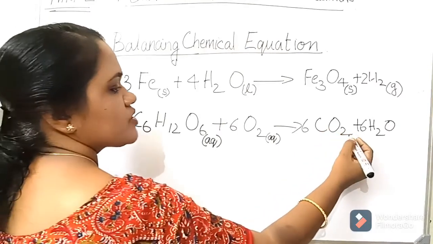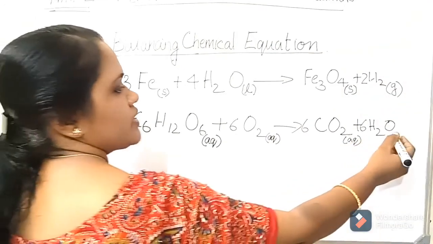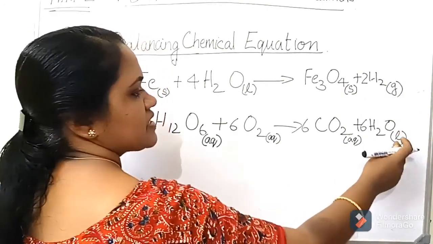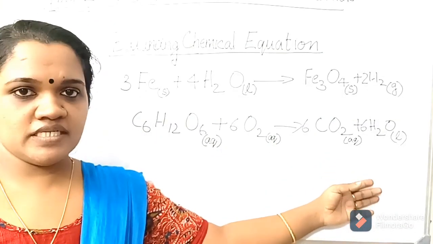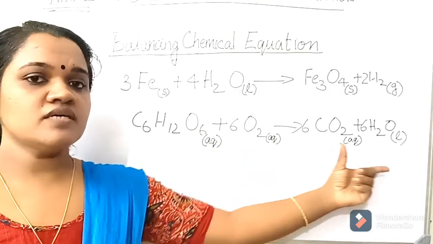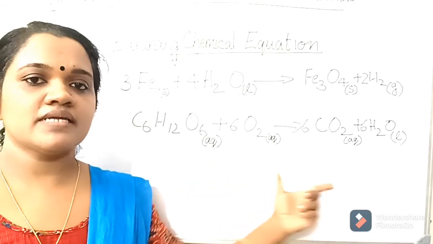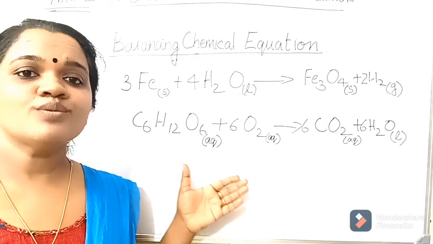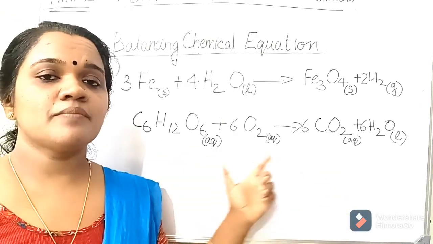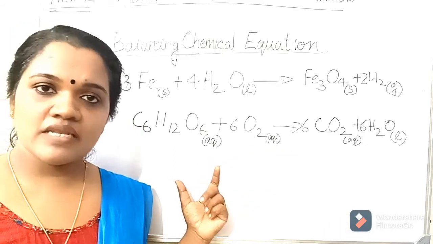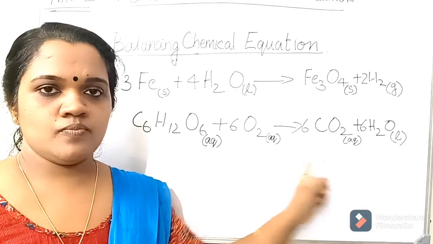Now carbon dioxide is also in aqueous state and H2O is in liquid state, so we will represent it as L. This balanced chemical equation is more informative when we write the states of the chemicals that take part in a reaction. Now it is a perfect balanced equation. So whenever you write a balanced chemical equation, try to write the states also.